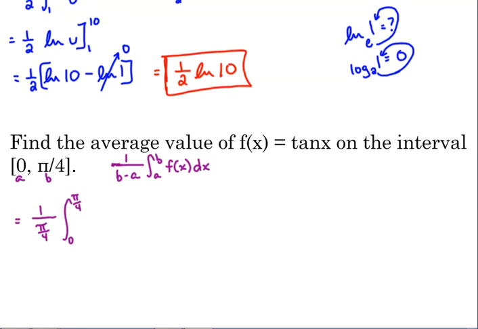Your AP exam is still paper and pencil. I want you to write all over this test. They're not going to grade or judge anything that you have written down, so I'd rather you label everything as opposed to not. So 1 over pi over 4 is equivalent to 4 over pi. The antiderivative of tangent is the negative, so I'm going to stick that in front of the constant, natural log of the absolute value of the cosine of x.